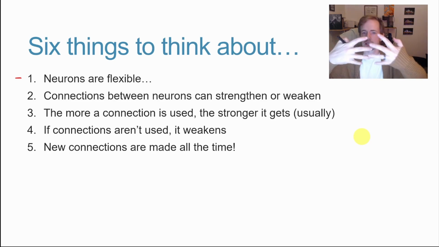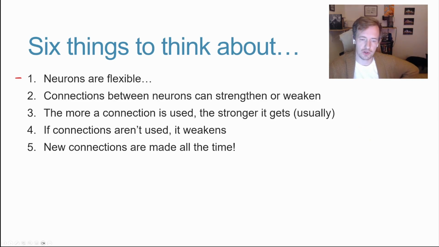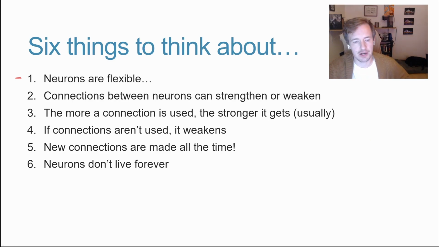So if you're not using it, then they grow apart and it's harder for them to communicate as a result. New connections are made all the time, as I mentioned. It doesn't matter what your age is, and also neurons don't live forever. So some neurons can die over time. And I think, like every 7 years or so, every single cell in our body will eventually recycle and die off, and then a new one is reborn in its place.